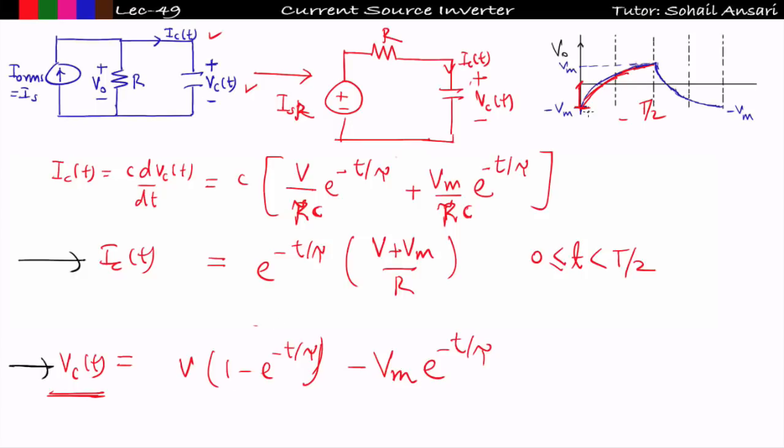and we know this capacitor voltage is fluctuating between minus Vm to plus Vm, means from 0 to T by 2 the change in voltage is 2 Vm only. So I can write what will be the value of voltage across capacitor at t is equal to T by 2. At t is equal to T by 2, voltage drop across this capacitor will be Vm only, right?